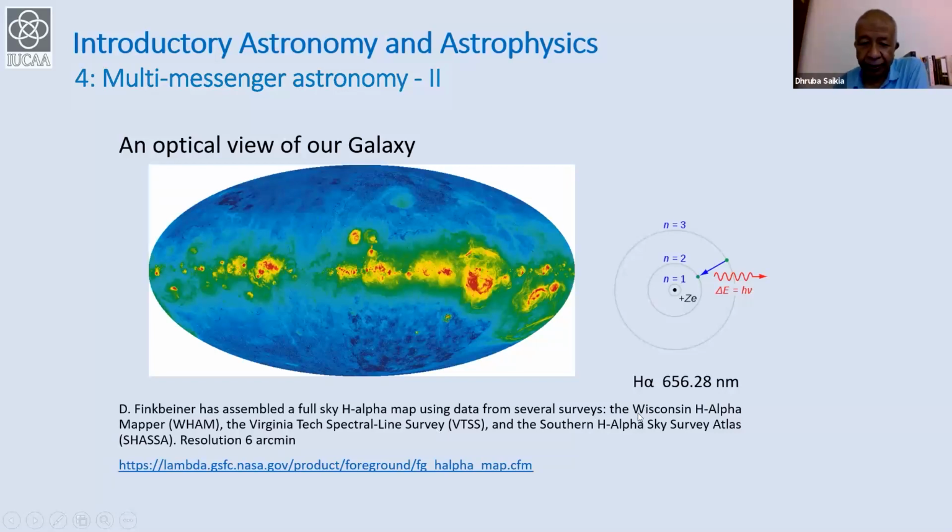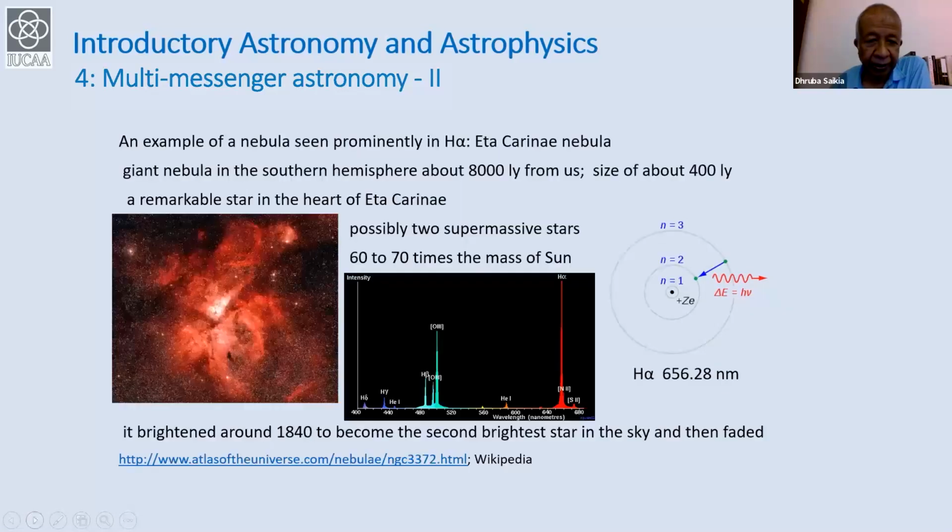This has been done with the Wisconsin H alpha Mapper, the Virginia Tech Spectral Line Survey, and the Southern H alpha Sky Survey Atlas, because this has combined data from both the northern and the southern hemispheres to look at the distribution of ionized gas in our own galaxy.